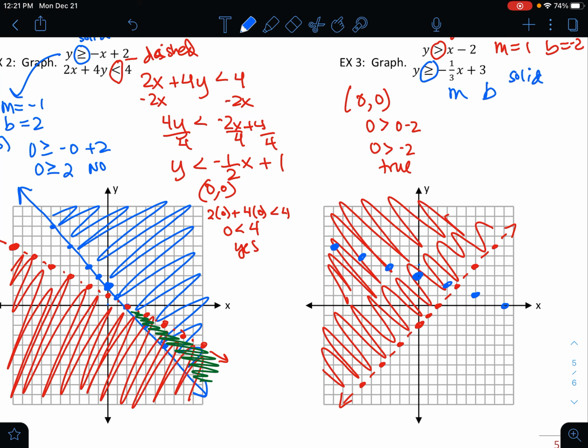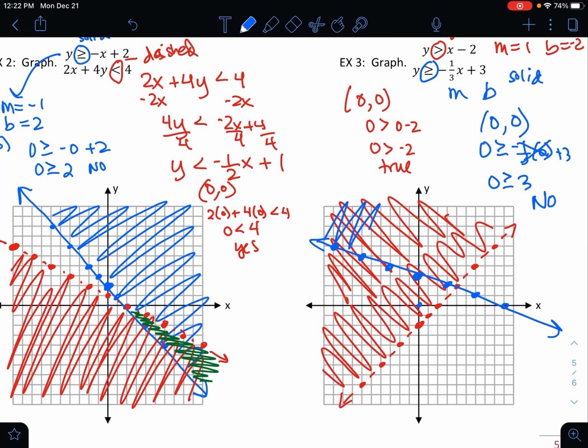This is solid, so just make a regular line. And then test point. 0 greater than or equal to -1/3 times 0 plus 3. Okay, that's just 0. So is 0 greater than or equal to 3? No, it's not. It's smaller. So 0, 0 is right here. Don't color that in. Go to the other side.